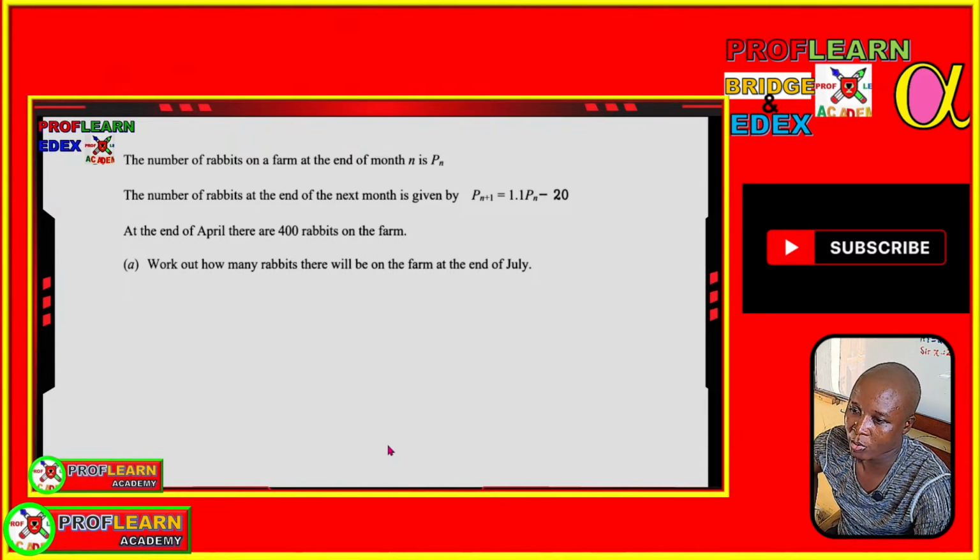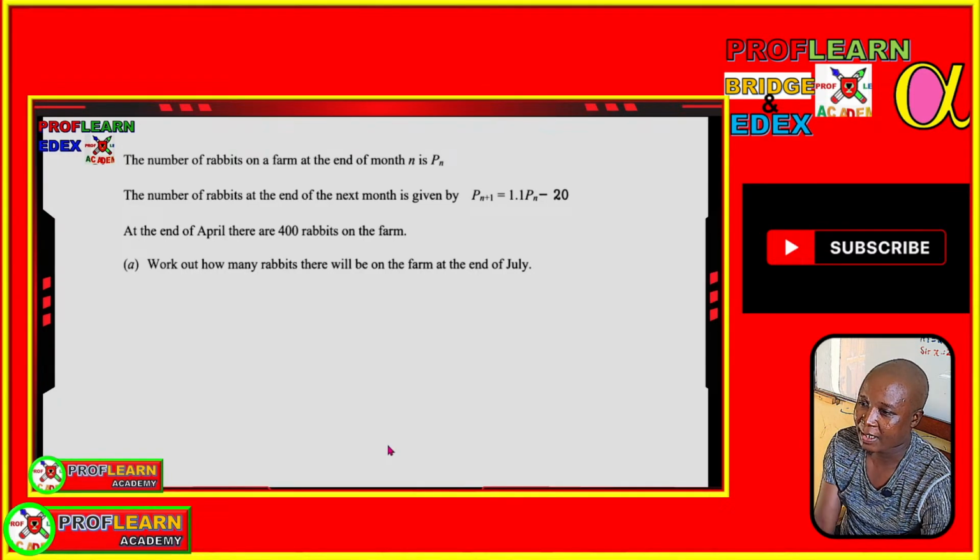So we are told the number of rabbits on a farm at the end of month n is Pn. The number of rabbits at the end of the next month is given by this formula: Pn plus 1 is equal to 1.1 Pn minus 20. At the end of April, there are 400 rabbits on the farm.